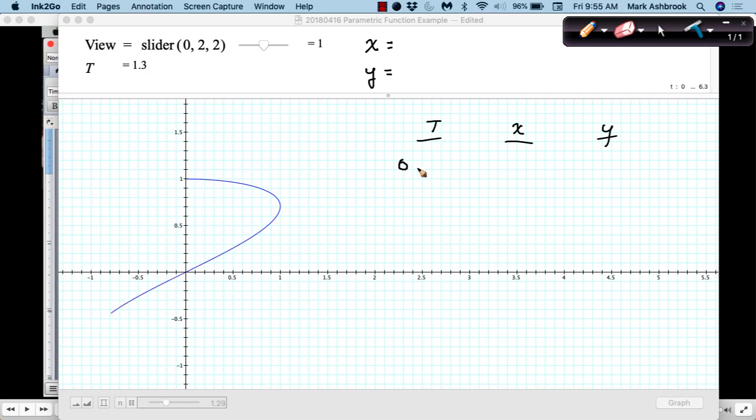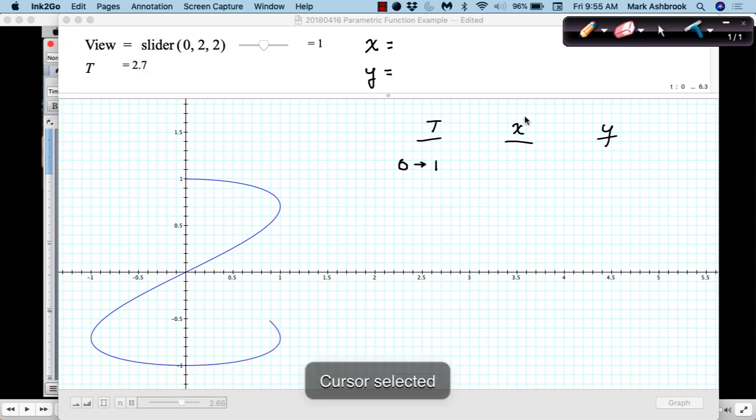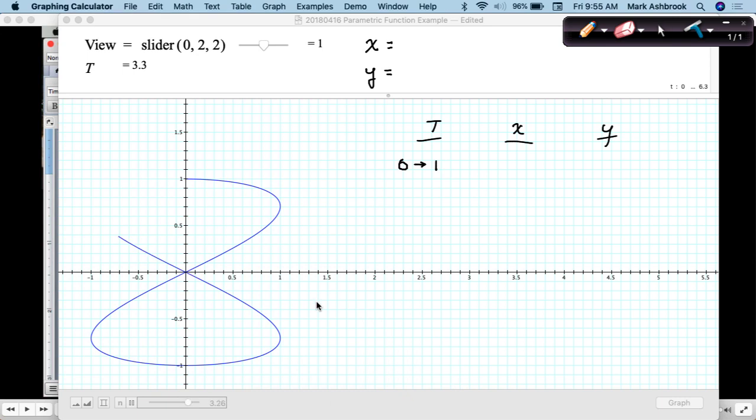Okay, so we can look at, for instance, t varying from 0 to, say, 1. Oh no, that's way too much. We're going to look at little variations in t. So as t varies from 0 to 1, what did x do? How did x vary? Let's show you again. We'll just show that part of it.